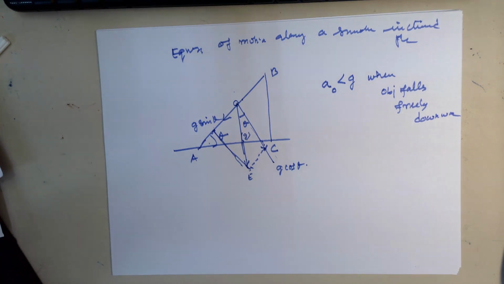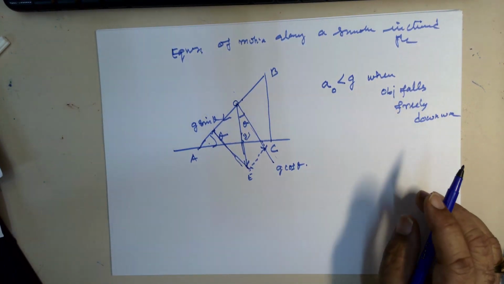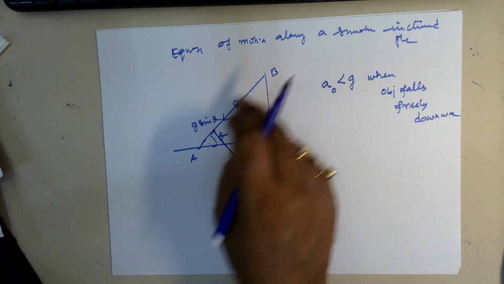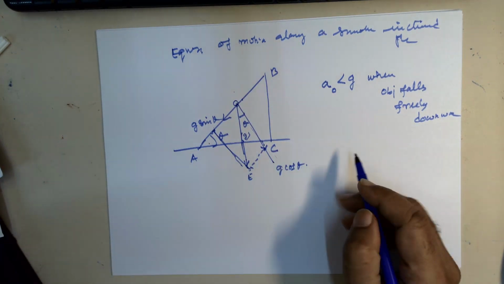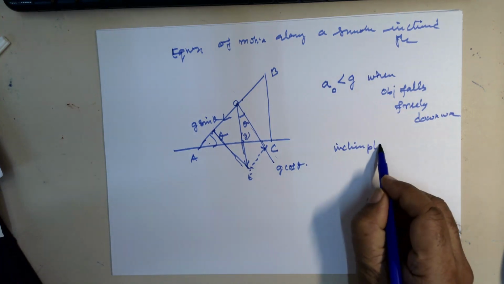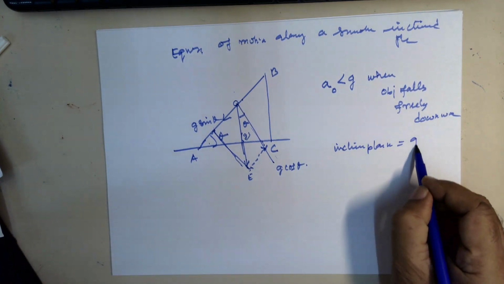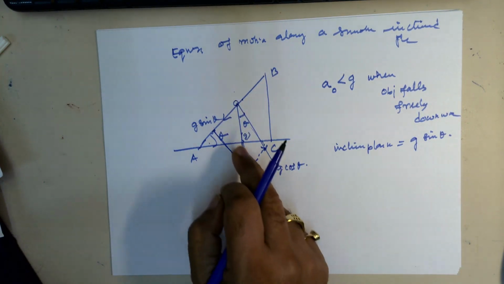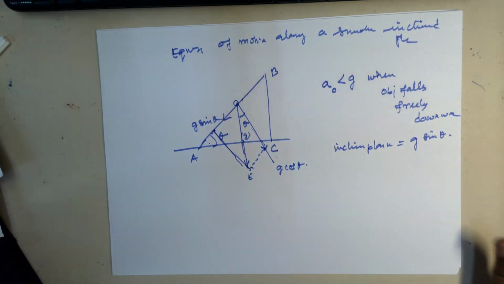And second, when the object is sliding down the inclined plane, its acceleration is g sine theta. Take down: along the inclined plane the acceleration is g sine theta. So the vertical is taken as g, and the other component is g cos theta.